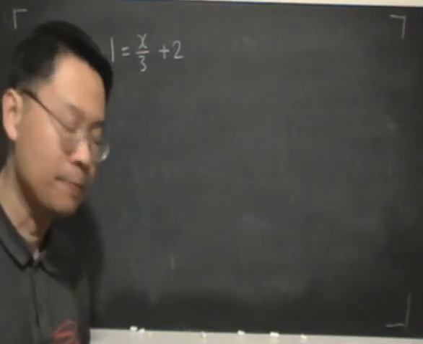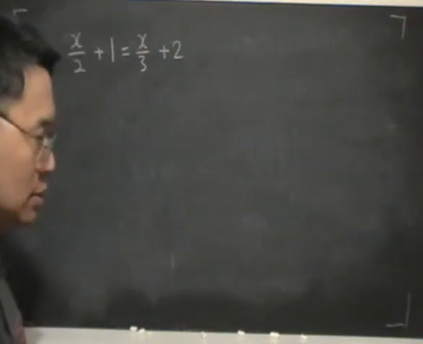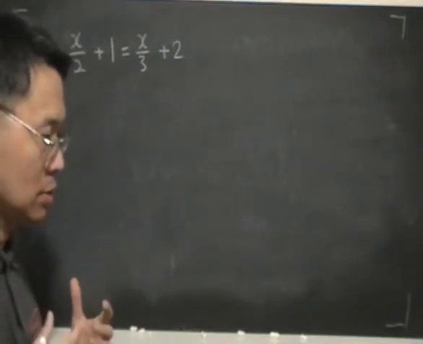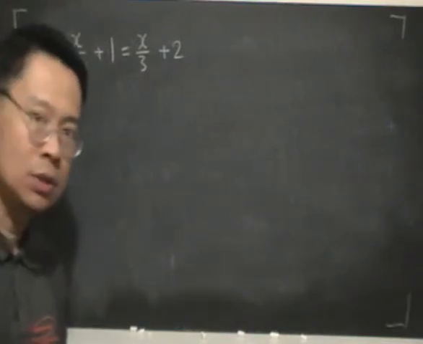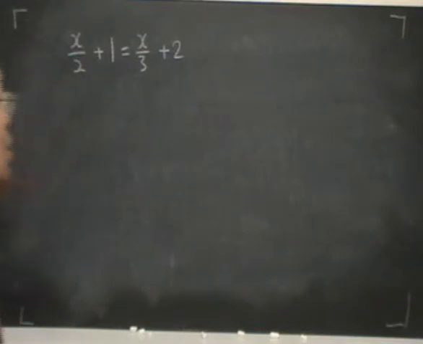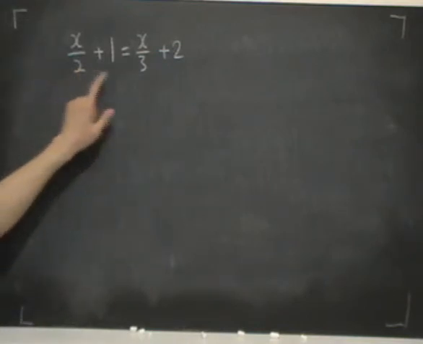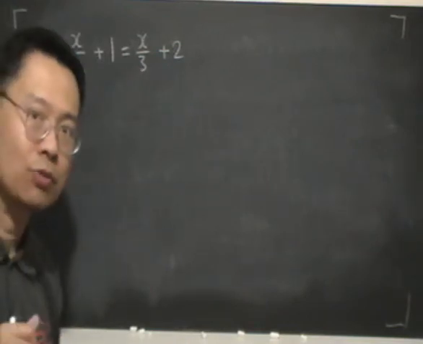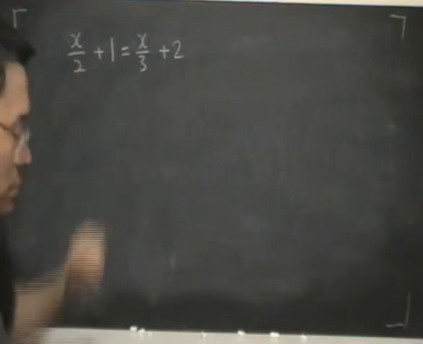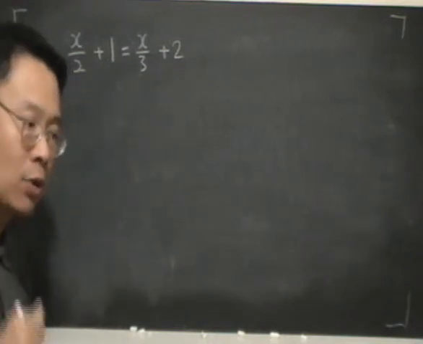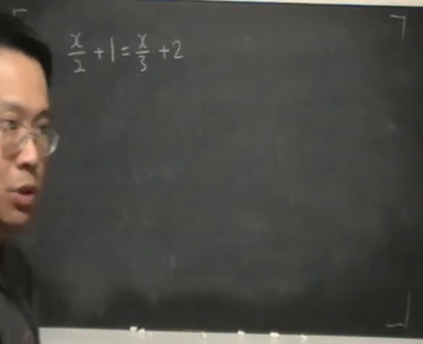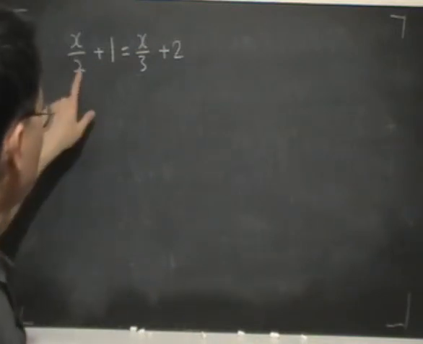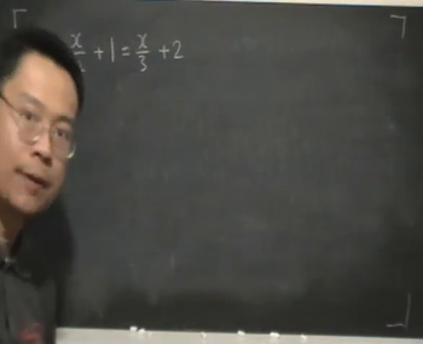The idea here is that you can think of it this way. Wouldn't it be nice if we can somehow get rid of the numbers at the bottom? If we can do that, then the fractions will be gone. They will become just numbers. How can I get rid of the 2 there and the 3 there?